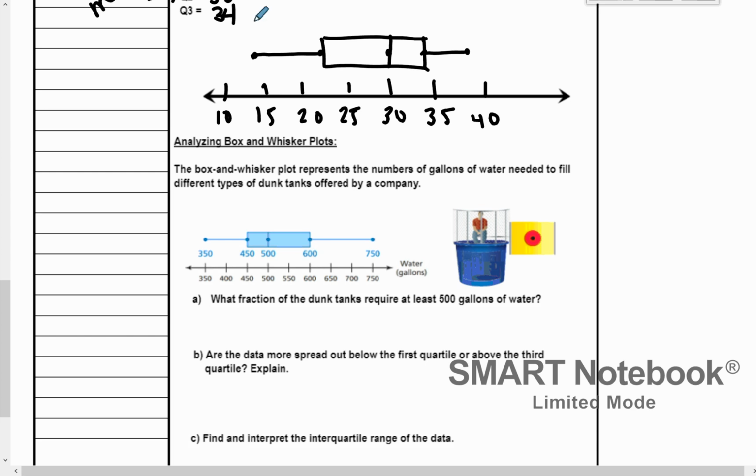Okay. Here we have one of our numbers in our 5-number summary. Here we have another one, another one, another one, and another one. In between those spaces, we have 1, 2, 3, 4 parts. Okay, now they don't look equal, but they are an equal amount of numbers.